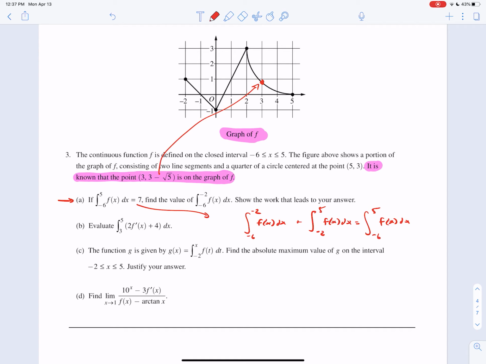I already know that I want to look for the integral from negative 6 to negative 2, which is this one right here. So if I isolate that, I'm going to move this guy over here by subtracting. So the integral from negative 6 to negative 2 of f of x dx is the same thing as integrating from negative 6 to 5, but then subtracting negative 2 to 5.